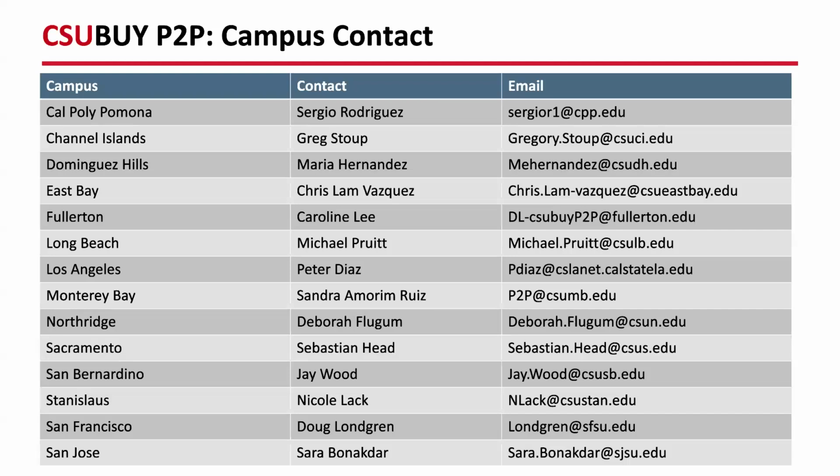Hello? Yes. Hi. Our campus has some more strict requirements for approvals prior to purchasing. Will that be included since you had said this is going to be a more cohesive system? A lot of the approvals, based on how you're answering questions, are going to be captured through the P2P system.